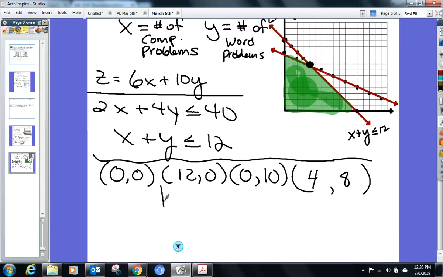So z ended up being 0 for that one. 12, 0. Z equals 72.